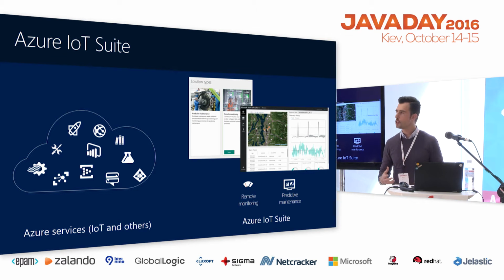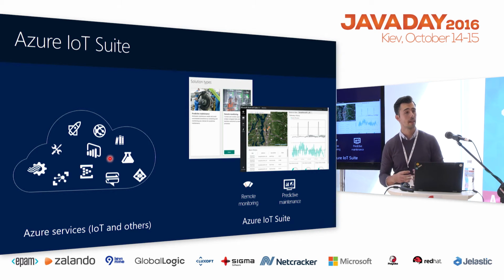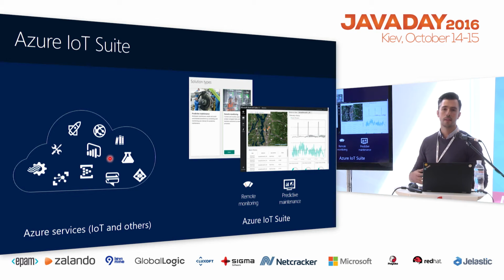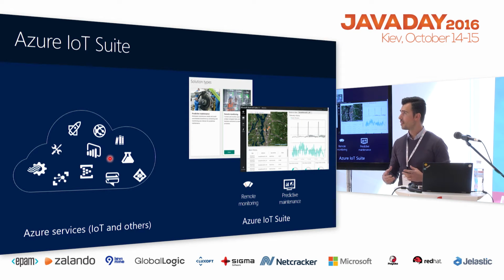Essentially, Azure IoT Suite represents a collection of services that were pre-collected and pre-connected for you in one solution, and you can start using it directly. The pre-built solutions come in 2 flavors that address, let's say, industrial scenarios.